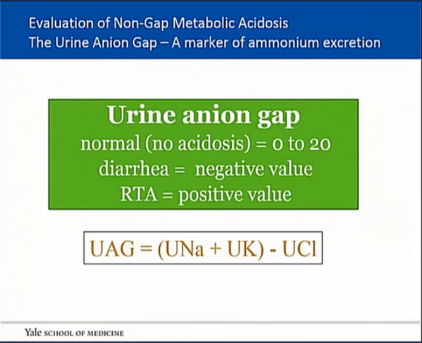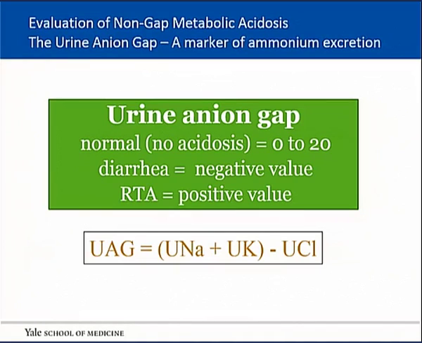If you have diarrhea, you have an appropriate increase in ammonium excretion, and that will generate more chloride bound with the ammonium, so that will give a negative value. In RTAs, where you do not generate enough ammonium, you're unable to turn that urine anion gap negative, so you have a positive value. So that's how the urinary anion gap is used to determine if the urine hydrogen handling is appropriate.